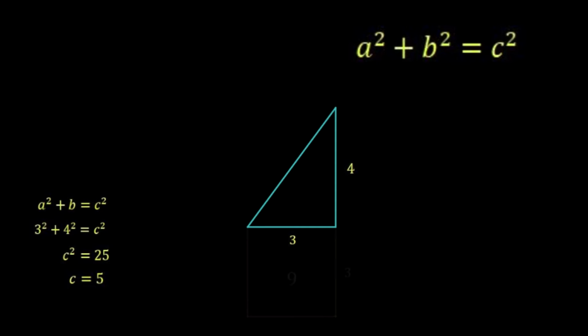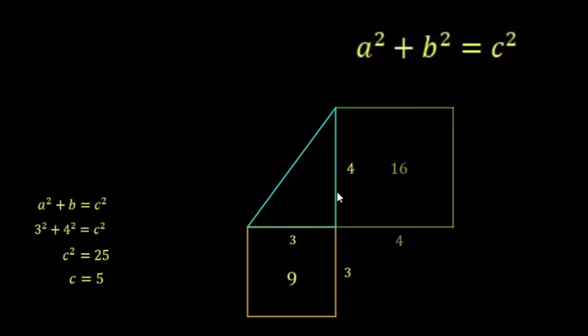So whenever we do this, we're going to end up with a square which has got length 3 and length 3. So the overall area of this little square will be 3 times 3, which is 9. Now we'll do the same for the other side.